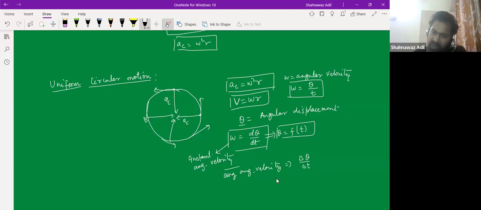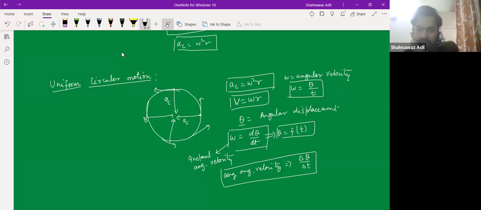All these things you have to remember in uniform circular motion, right? Just quickly note down this part and then we'll do some questions.